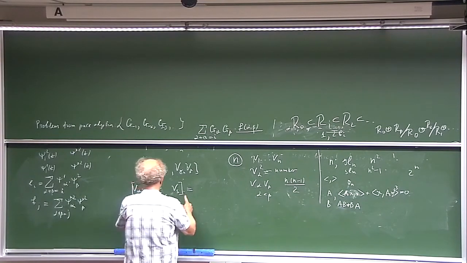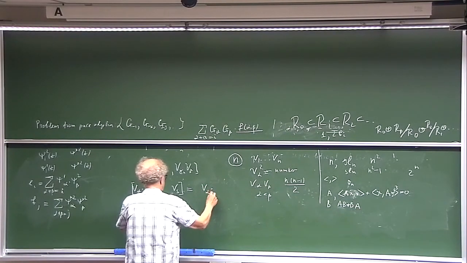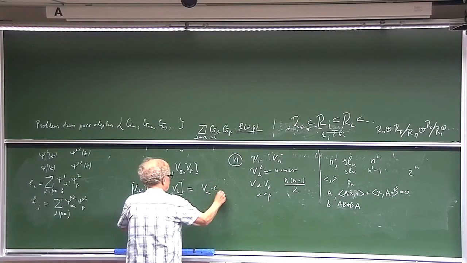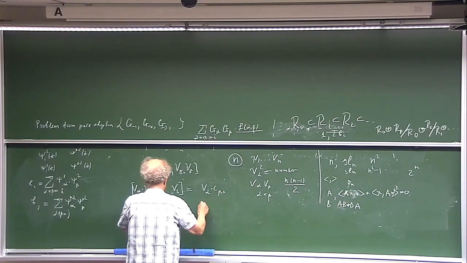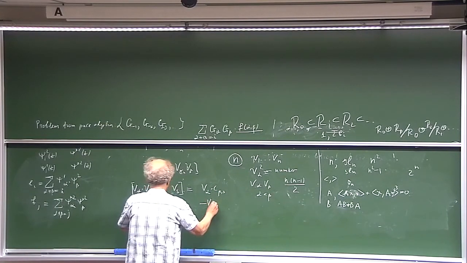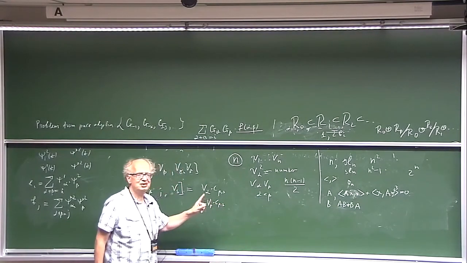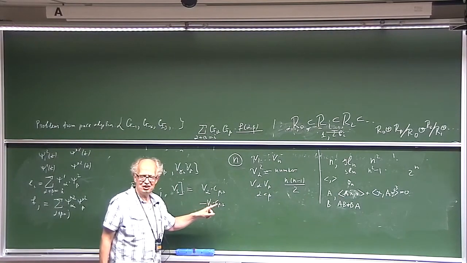It is V alpha times C beta S, maybe minus or plus V beta times C beta S. Am I right or is the sign incorrect? Right.